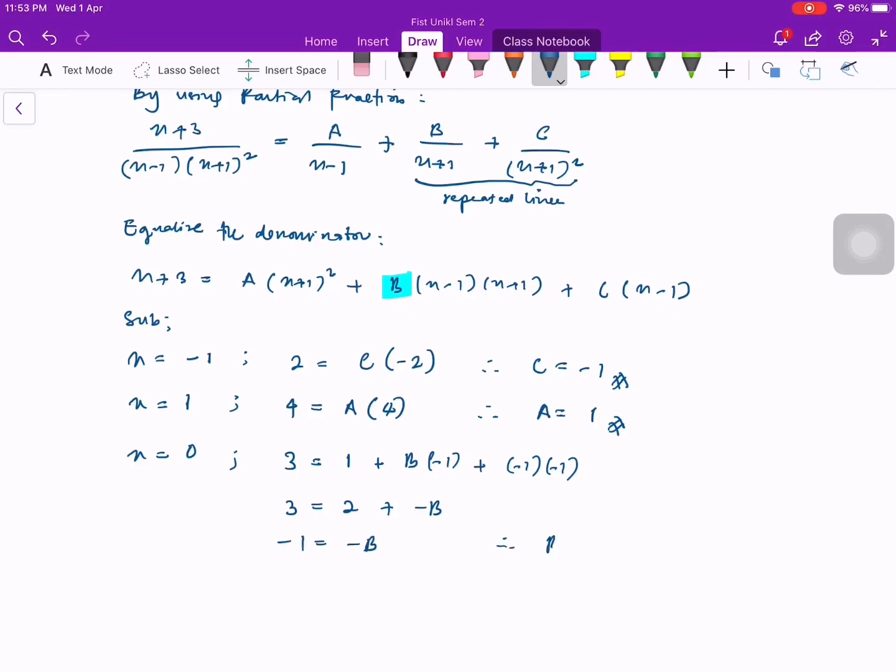Sorry, this was supposedly 3 minus 2 is 1. Then b kita akan dapat minus 1. So now our b supposedly minus 1. Okay, a is 1 and c is minus 1.